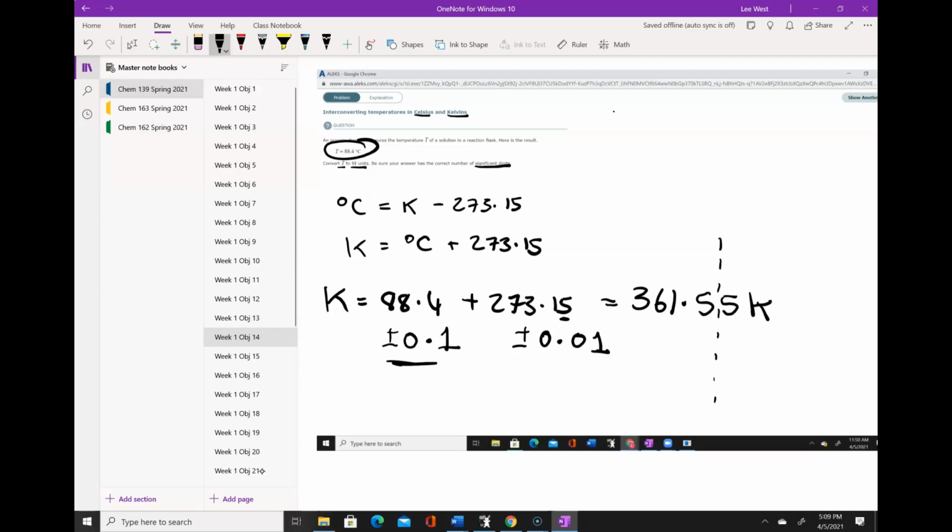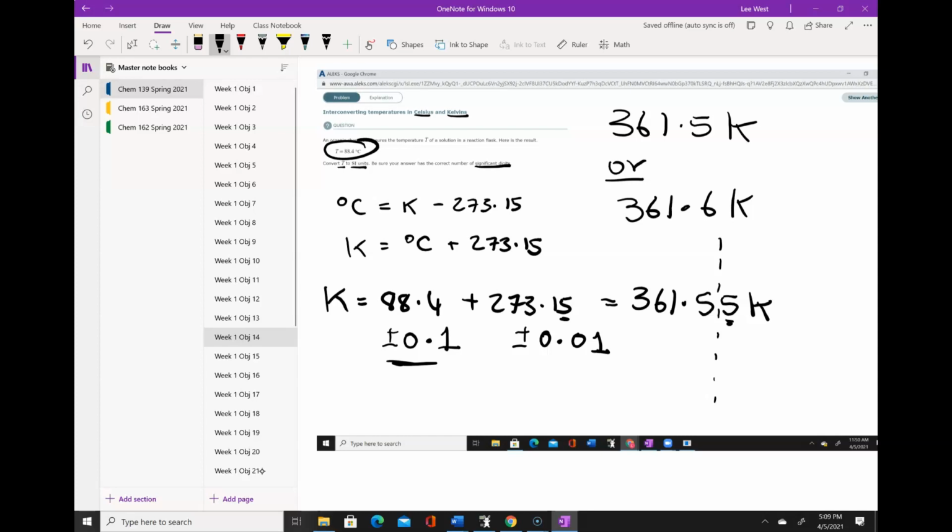So then we have to ask, do we leave our number alone, or do we round up? And because this is 5 or higher, the first digit that is being dropped, that means we're going to round up.